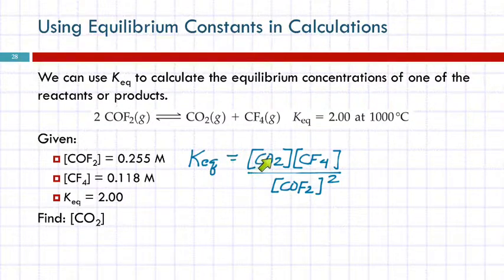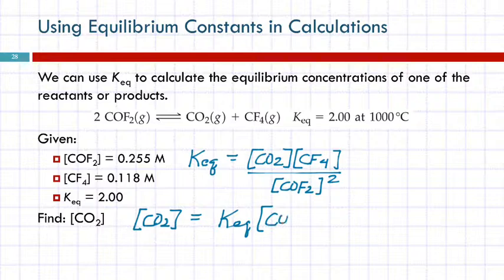So CO2 is one of these. I've got CF4, I've got COF2, I've got KEQ. I just need to rearrange this equation. So I'm going to end up with CO2 is equal to KEQ times COF2 squared divided by CF4.